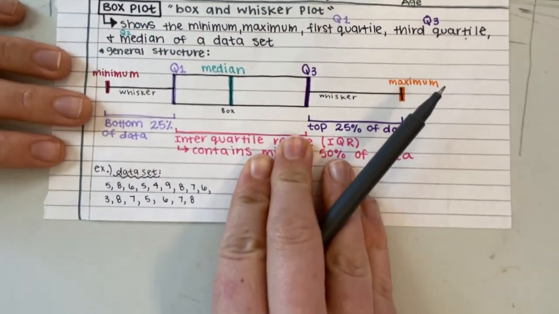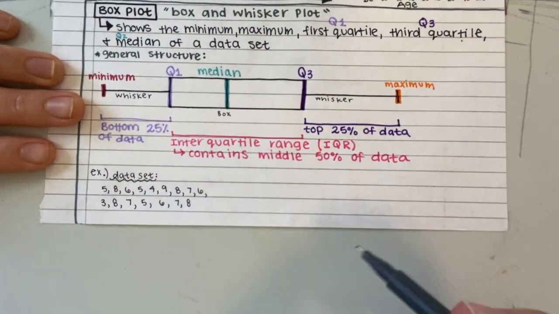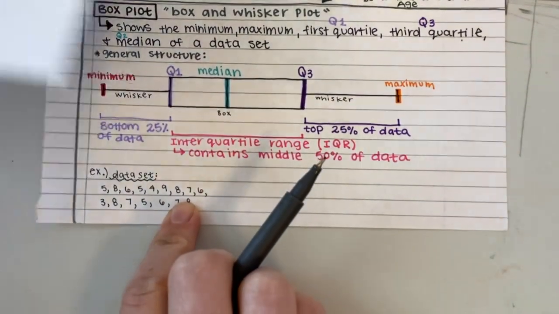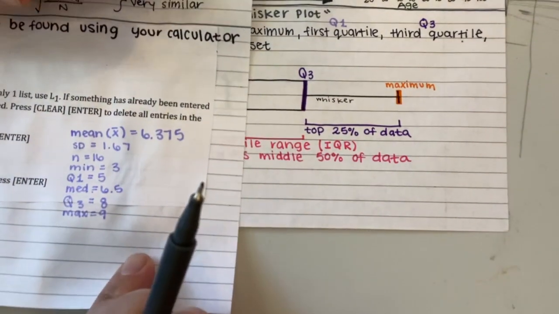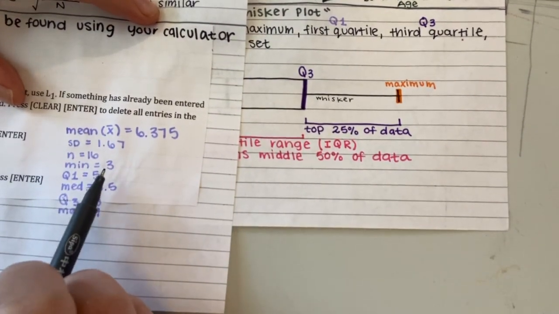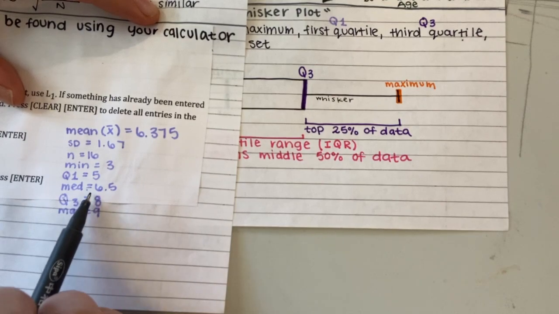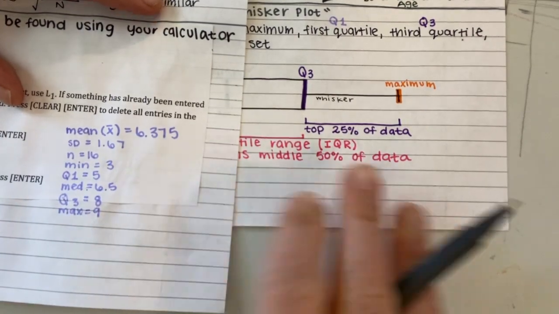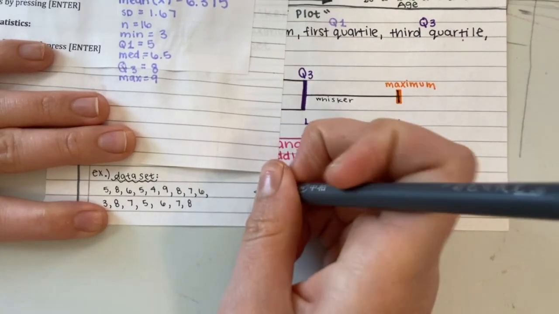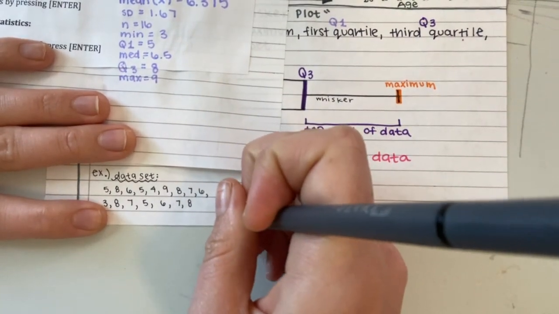So just like we did there, we can make a box plot by hand. So this is actually what we calculated on our calculator before. We got the median, standard deviation, the total number, the minimum, quartile 1, the median, quartile 3, and the maximum. So what I'm going to do is I am going to draw a little number line first.